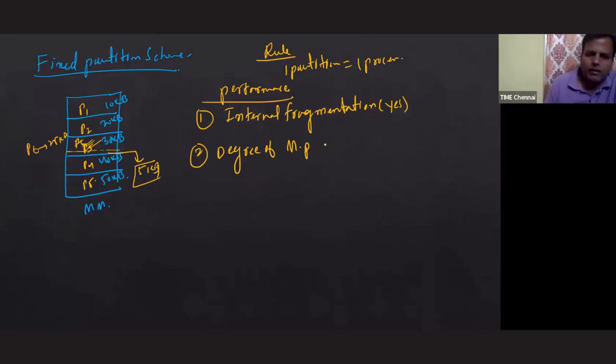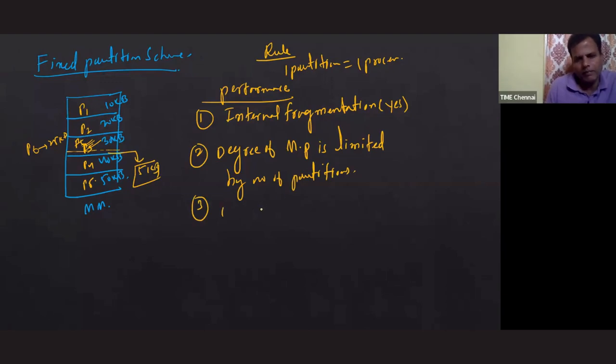That means the degree of multi-programming is limited by the number of partitions. Next one, maximum process size equals maximum partition size. You cannot keep a process whose size is greater than 50K.